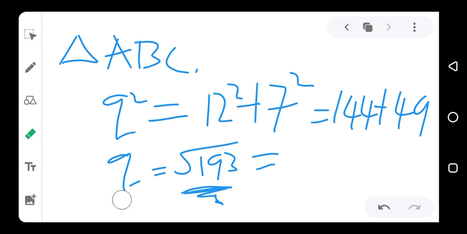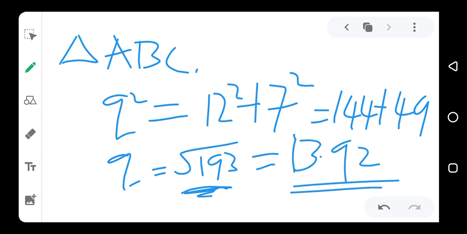And Q is equal to the root of this, which is 13.92. So this is Q, not Q squared. All right.